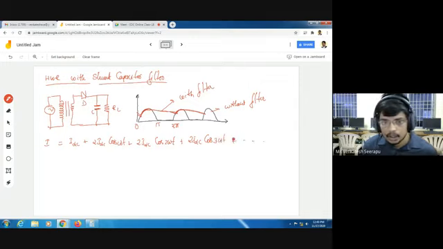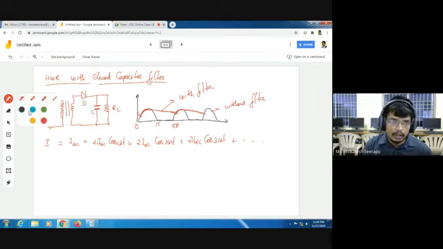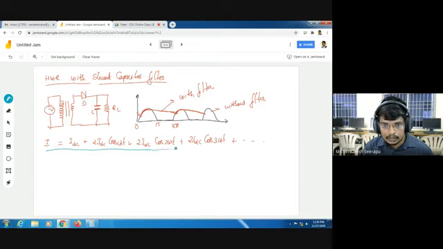This is the output equation of a half-wave rectifier with capacitor filter.